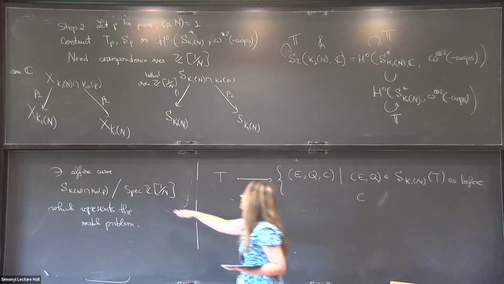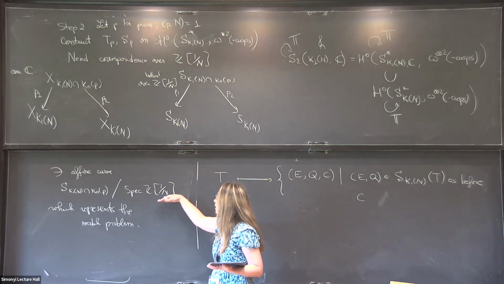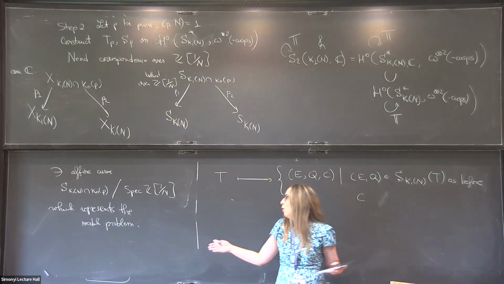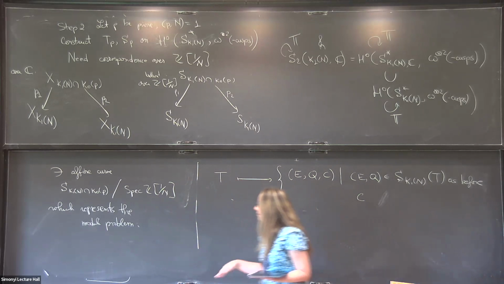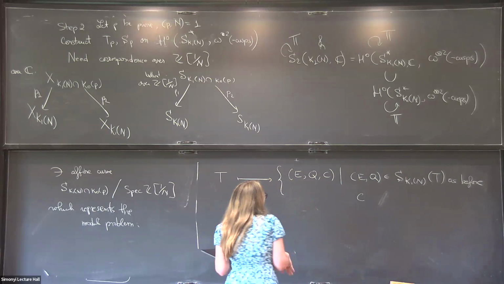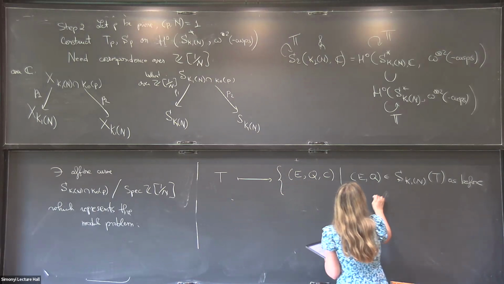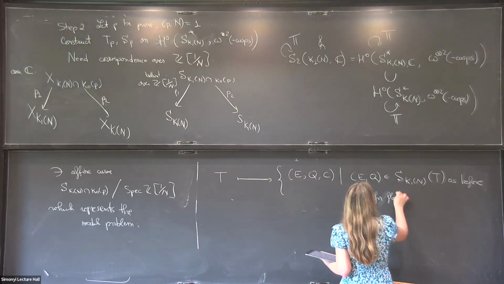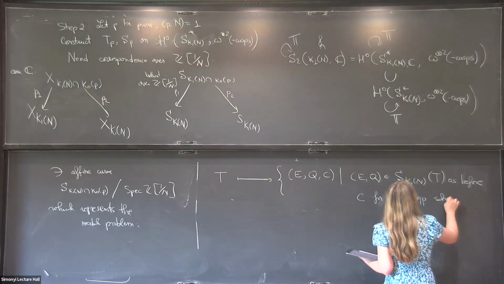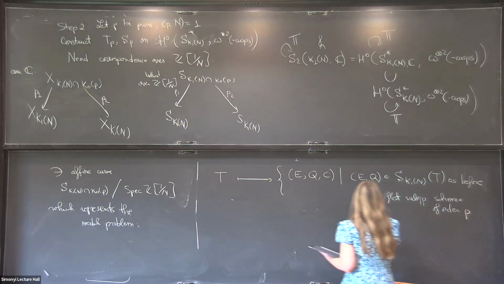Because we want to do this even when we allow p to go to 0, so we want to not remove this point. We want to think about the reduction mod p as well of this moduli problem. We're going to have to say that this is a subgroup scheme, a finite flat subgroup scheme of order p inside.